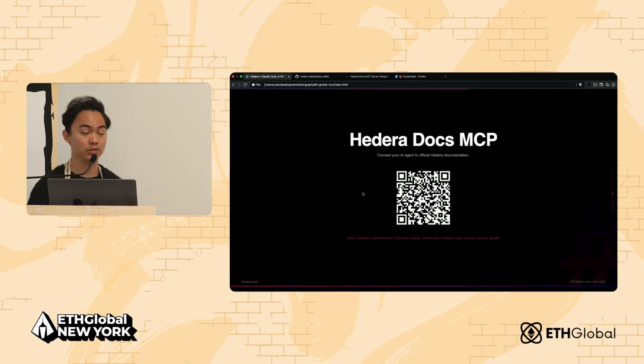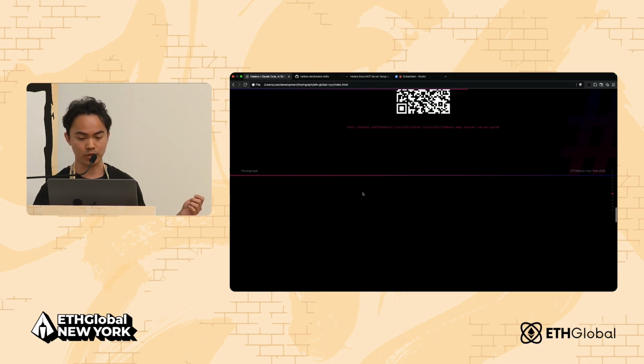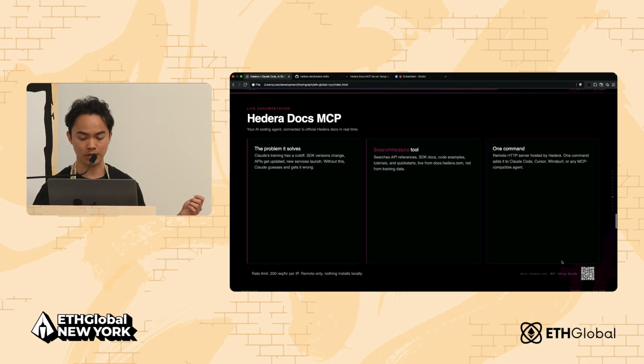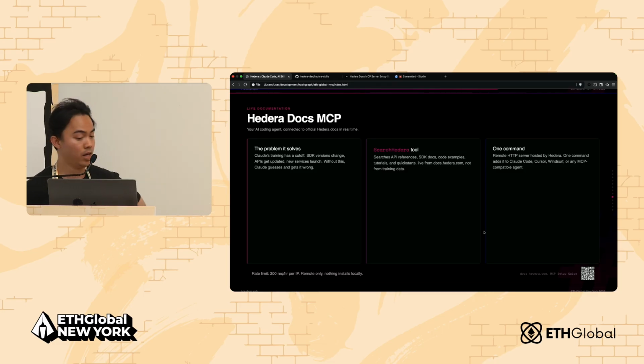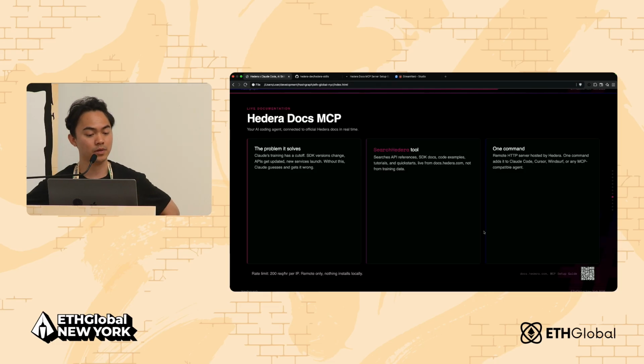It's the Hedera Docs MCP server. So one second, we do have the skills QR code down here for you to scan, but I also want to go through it real quick. The problem the Hedera Docs MCP server is trying to solve is that we all know Claude or Codex or any agent has a knowledge cutoff, right?